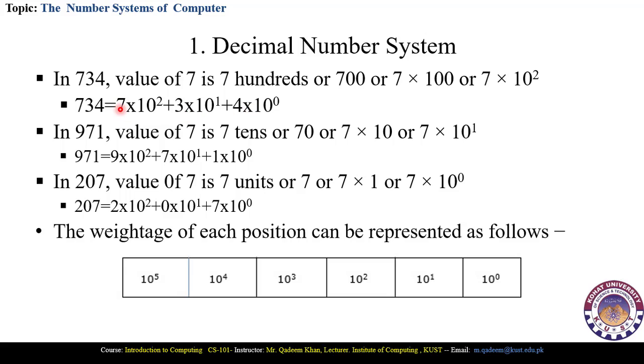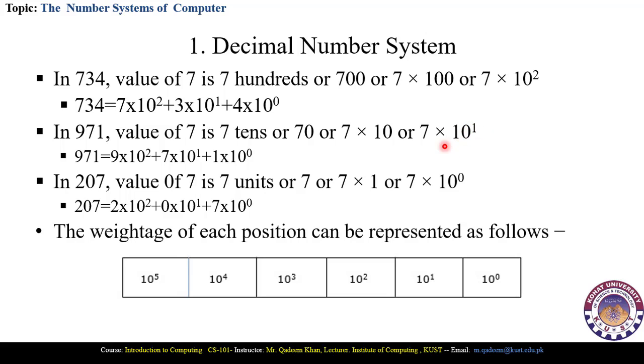So by computing all these three values, we can compute the value of 734. So 734 is represented here by certain expressions, which are formulas of mathematics. Now in 971, the value of 7 is 7 tens, which is equal to 70. So 7 tens means that the 7 is in the tens place in this whole number, equal to 7 multiplied by 10, or 7 multiplied by 10 to the power 1.